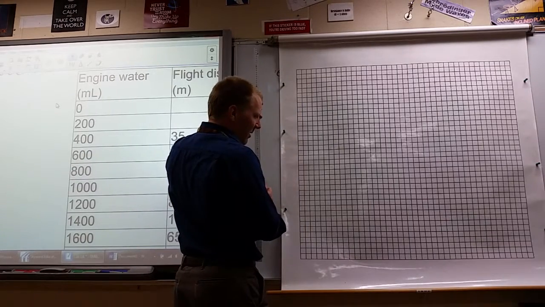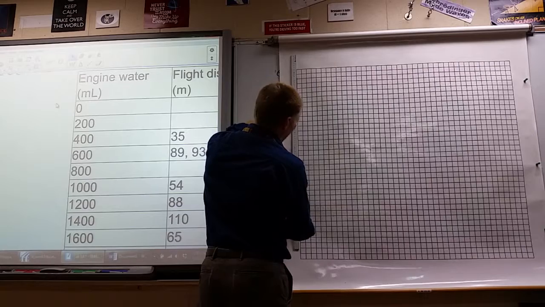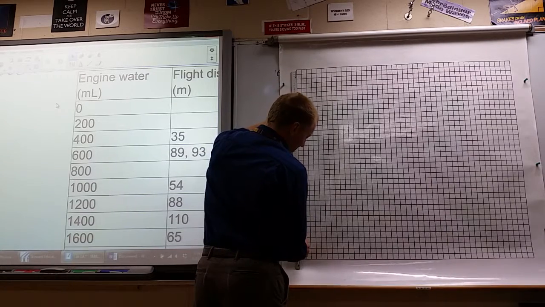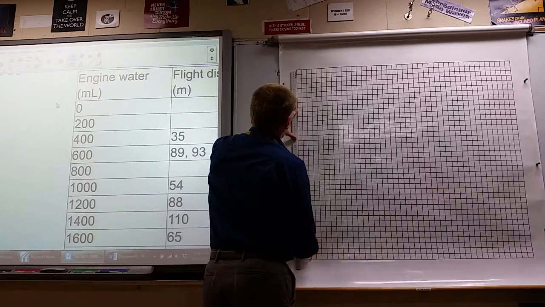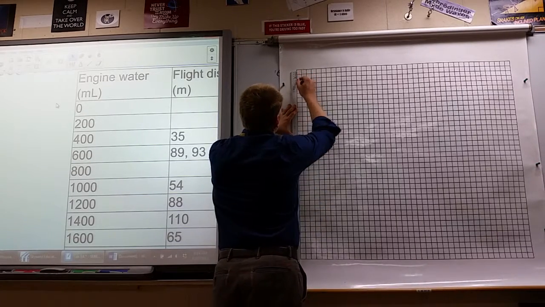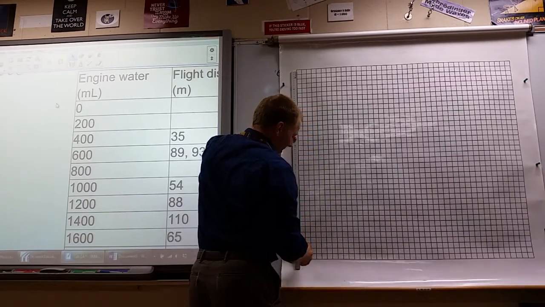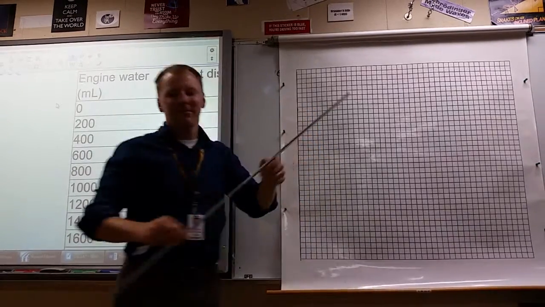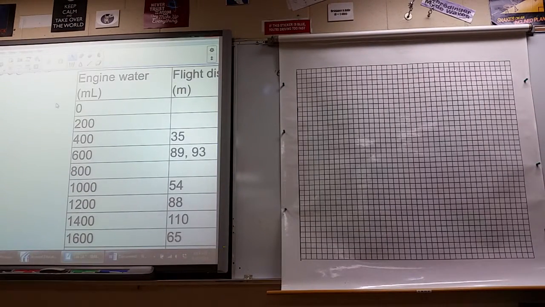Because I know this is going to take up most of my graph, and I have a margin on here, I'm going to use the edge of mine. But since you don't have that on yours most of the time, count in 5 squares. Notice that I'm using a ruler. Please also always use a ruler. About 5 squares up, 5 squares in.